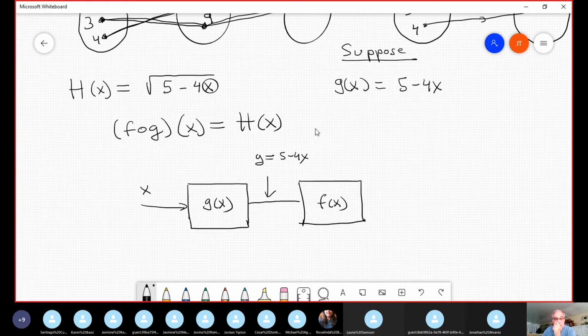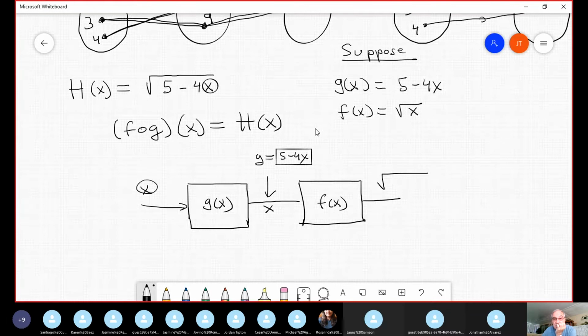And f is the next. So I define, using my imagination, f as the square root of x. But this x is not the same x. It's the new x that we have here, because now this element represents the domain of f. Now in the output we have the square root of 5 minus 4x. Okay, maybe it's confusing for you.